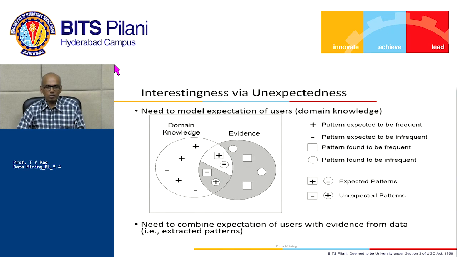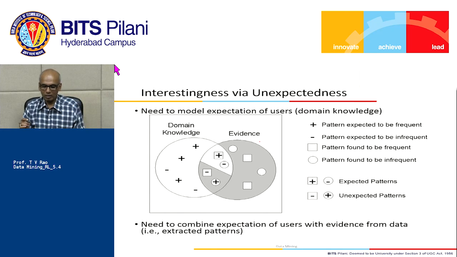Interestingness is generally associated with unexpectedness. Suppose based on domain knowledge, you are expecting some elements to be frequent and some elements to be infrequent. But what the evidence gives you is this kind of evidence.